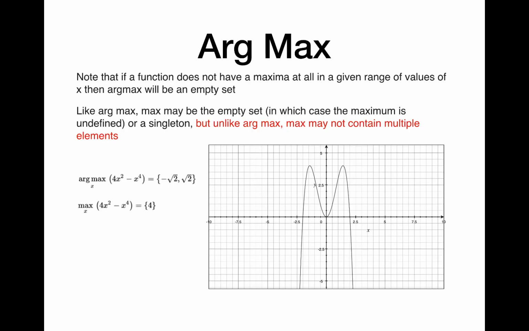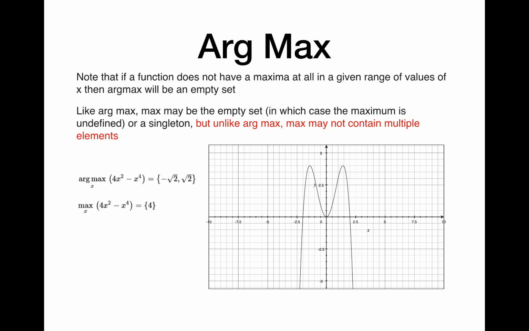So note that if a function does not have a maxima at all in a given range of values of x, then argmax will be an empty set. So there might be a situation when the function doesn't have a maximum at all. Okay, so in that case argmax will be an empty set, and like argmax, max may also be an empty set, by the way, or a singleton.